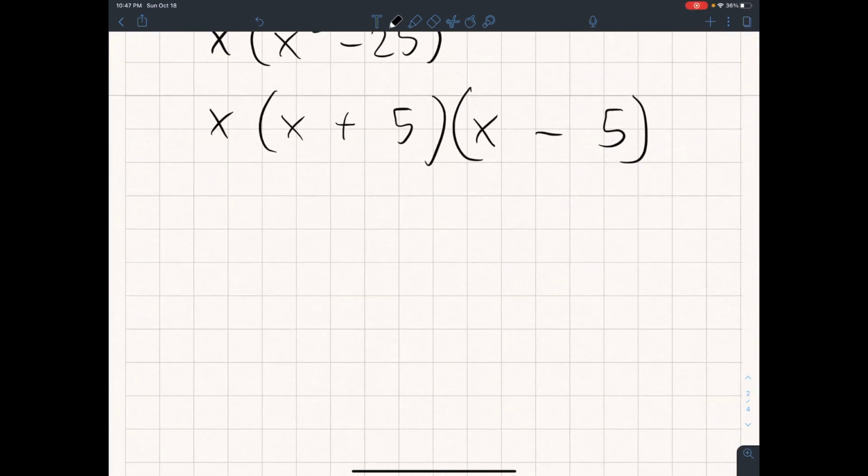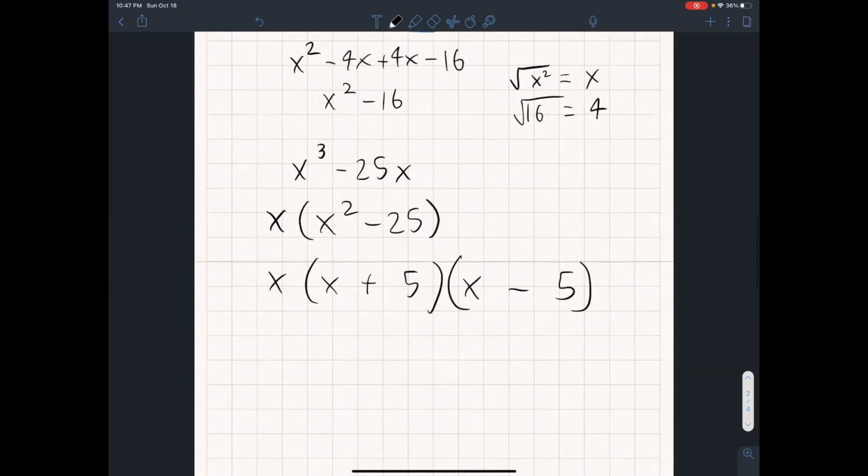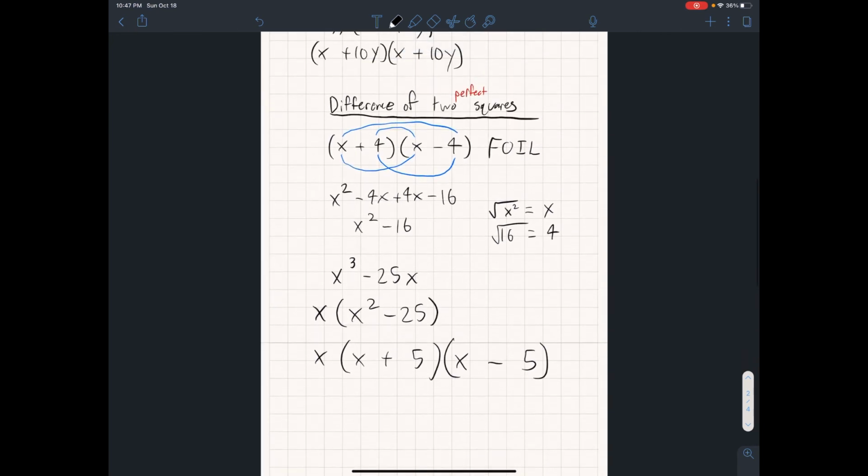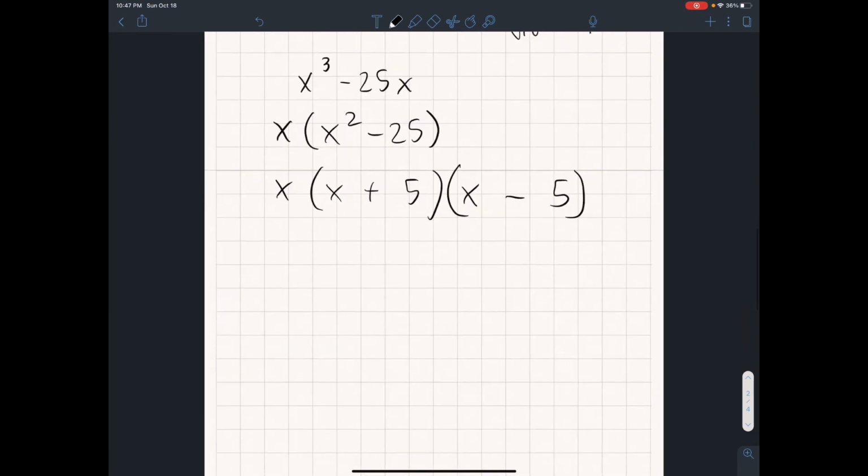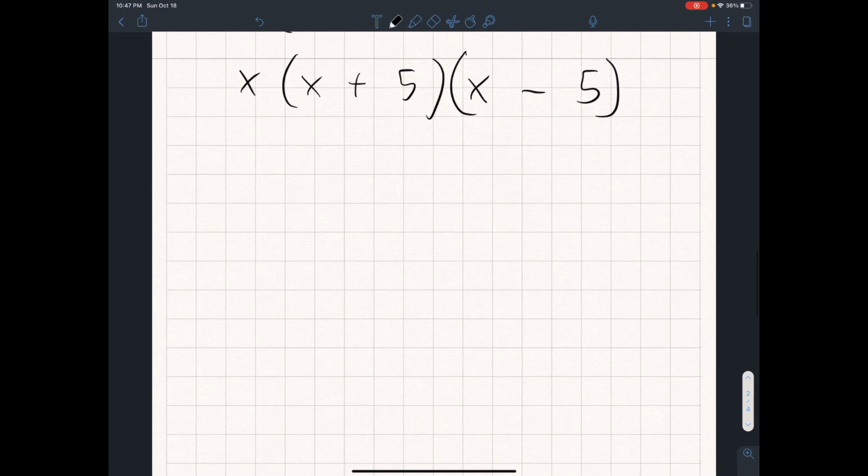And lastly, one final misconception I want to get out of the way. Speaking of difference of two perfect squares, let's talk about the importance of these actually being the difference. So let's say I have c squared plus 81. And immediately your eyes and your mind might think, well, that's a perfect square. 81 is just 9 times 9.